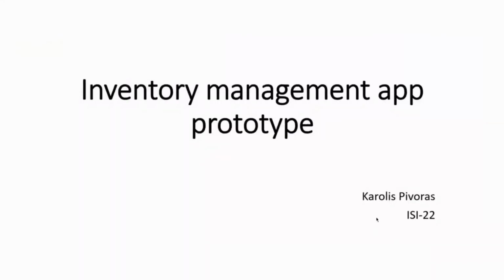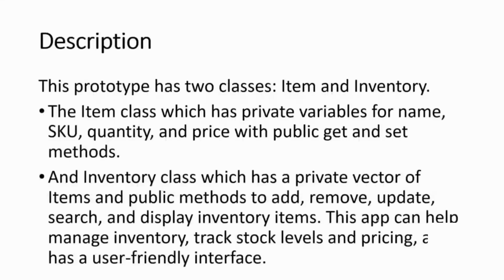So my project is an inventory management app prototype. It has two classes, item and inventory. The item class has private variables for name, SKU, which is a stock keeping unit, quantity and price, with public get and set methods.